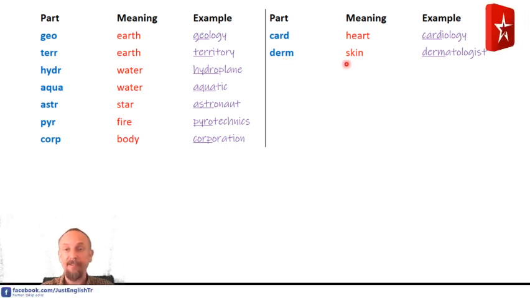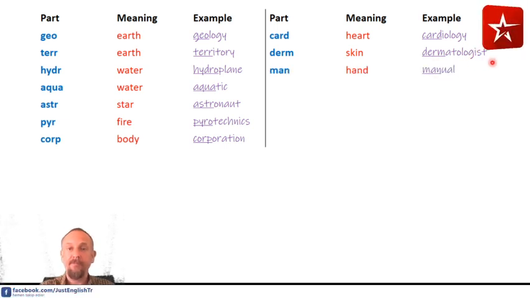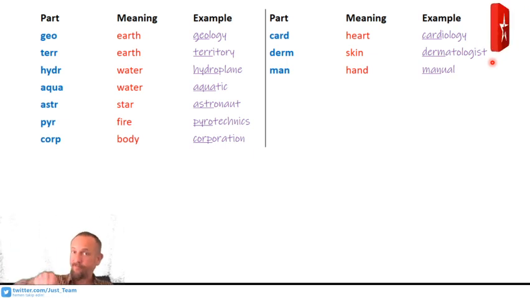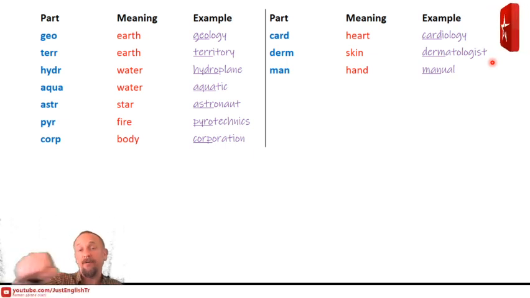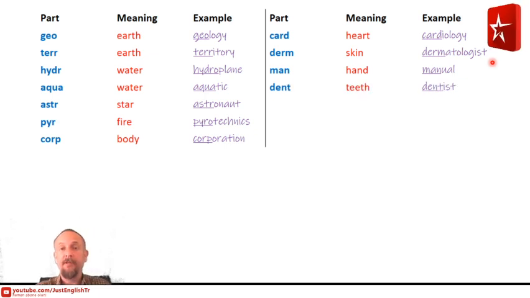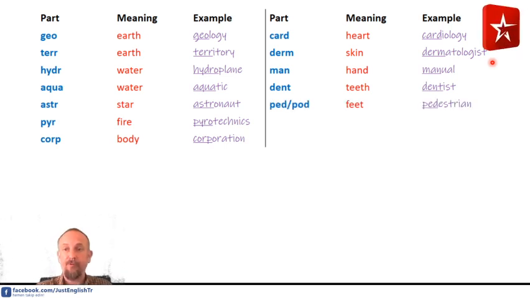Then we have derm, meaning skin, meaning dermatologist. The study, a dermatologist, someone who studies skin conditions. Then we have man, meaning hand, such as manual, something which you can control by hand, a manual car, for example. Then we have dent, which means teeth, as in dentist, a person who looks after teeth.